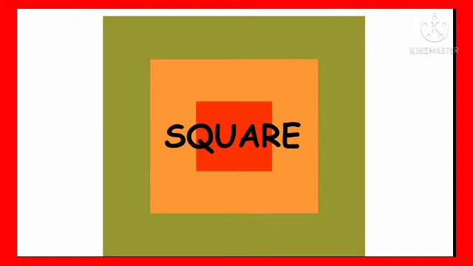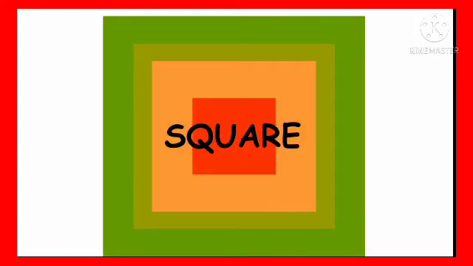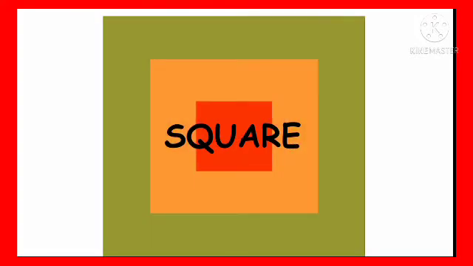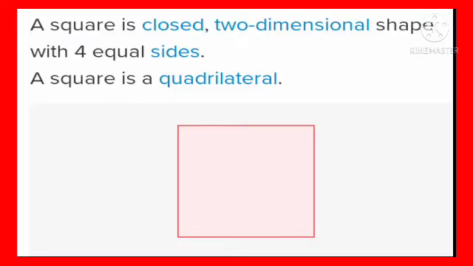Now children, let us study 2D shapes one by one in detail. Square. A square has 4 equal sides, 4 vertices, and 2 diagonals. The diagonals of a square are equal in length. What is a square?